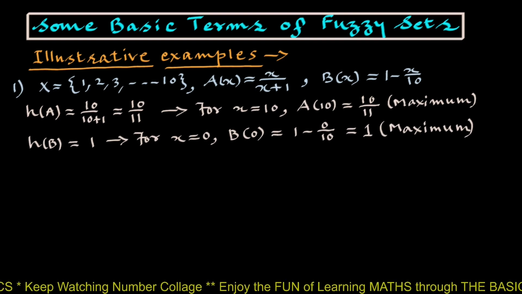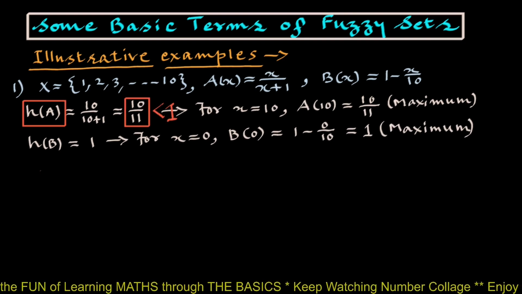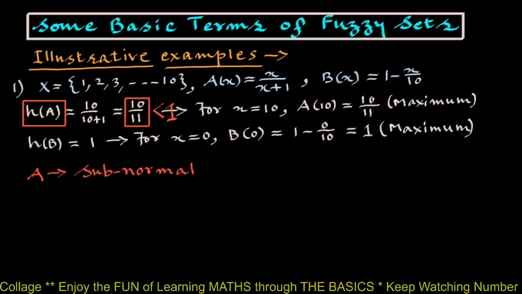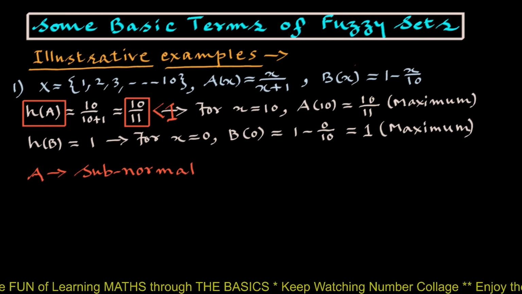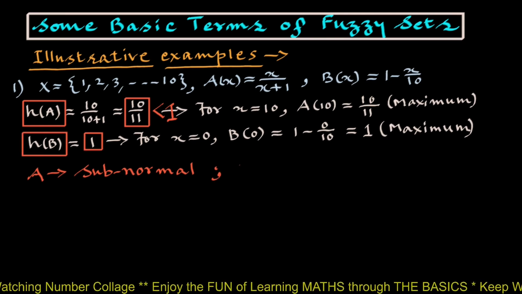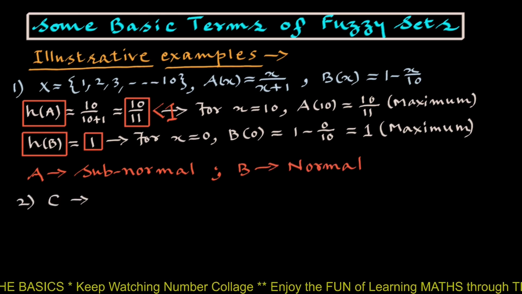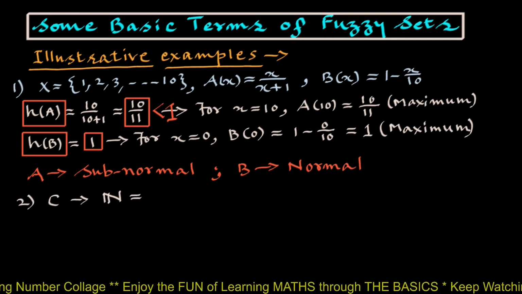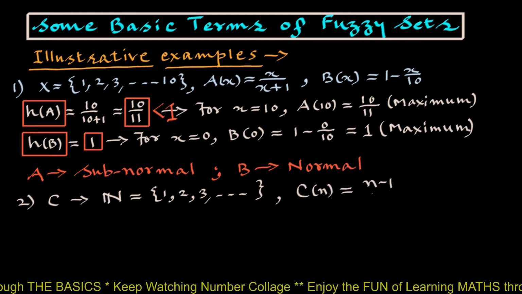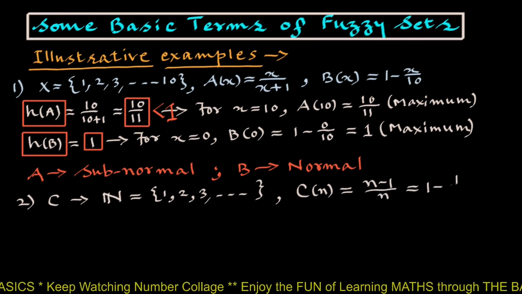Here, since h of A, 10 upon 11, is less than 1, we can say fuzzy set A is subnormal. And since for fuzzy set B, h of B is 1, we can say that B is normal. Consider another set C defined on set of natural numbers and given as C of n equals n minus 1 upon n, which is same as 1 minus 1 upon n.